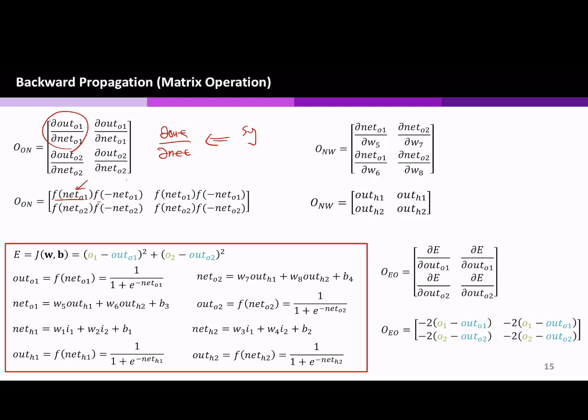We already computed this value in the forward propagation. In this case, the output H1 is also computed in the forward propagation. Output O2 is the predicted value, right?